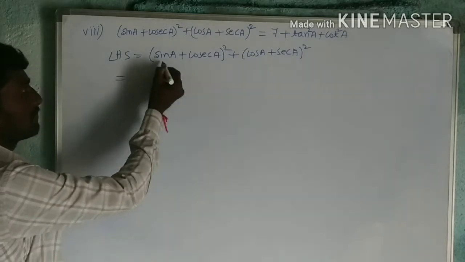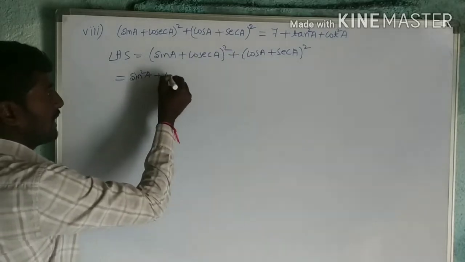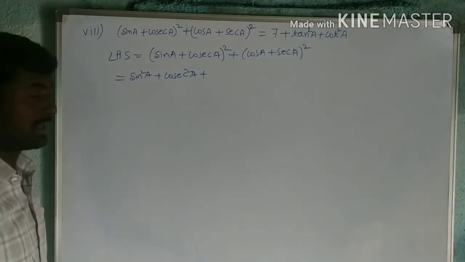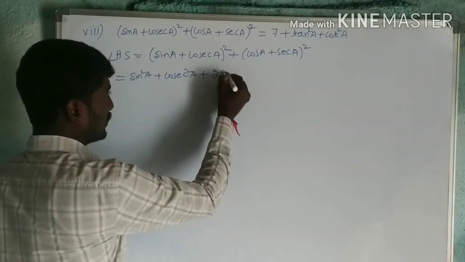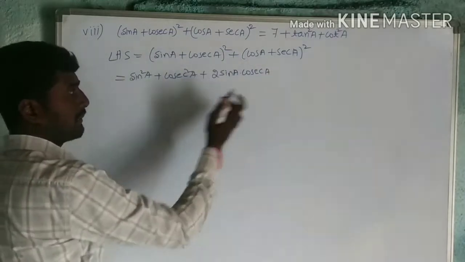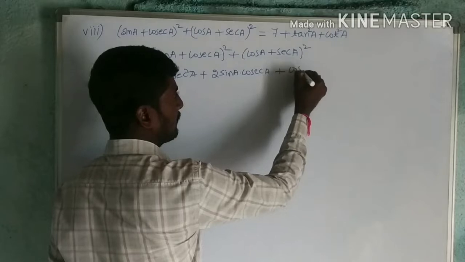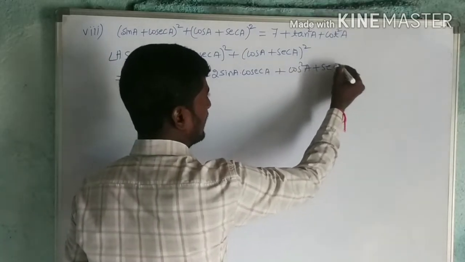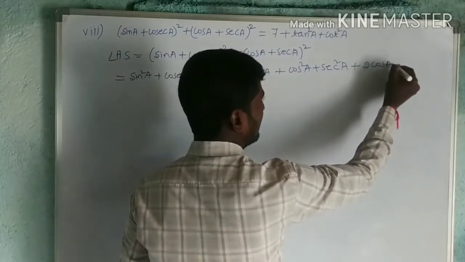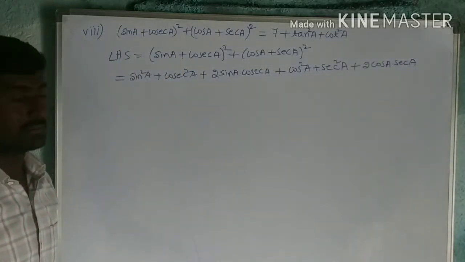That is equal to A square means sin square A plus cosec square A, that is A square plus B square, plus 2AB. That is 2 sin A into cosec A. Again same formula you can apply here, cos square A plus sec square A plus 2AB, that is 2 cos A into sec A. Again A plus B whole square formula I applied here.